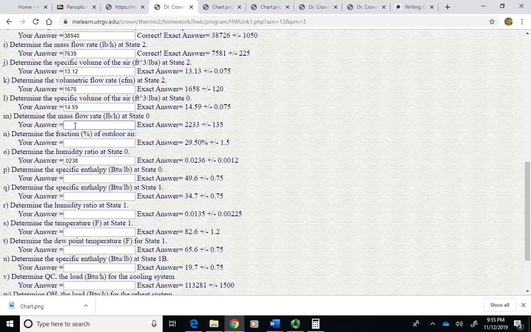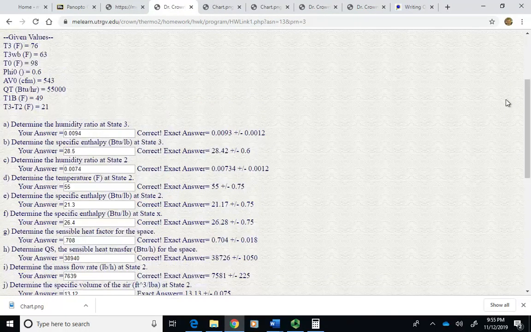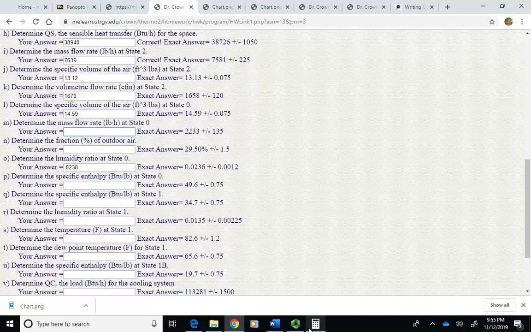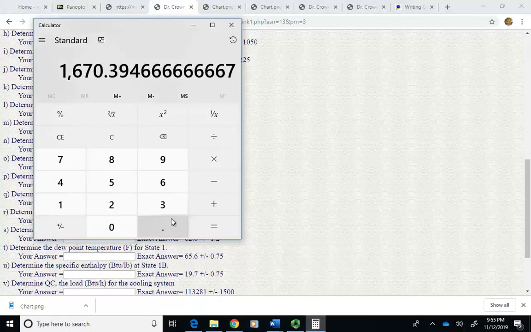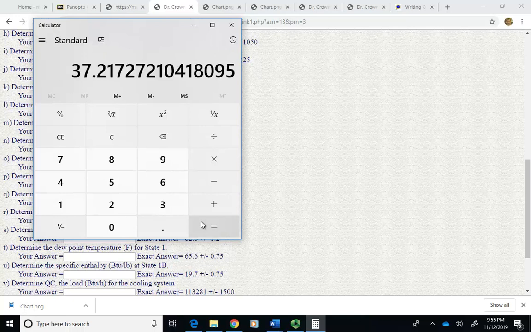Mass flow rate. Okay, so I've got volumetric flow rate was given 543, and I want the mass flow rate, so 543 divided by 14.59 is 37.22.